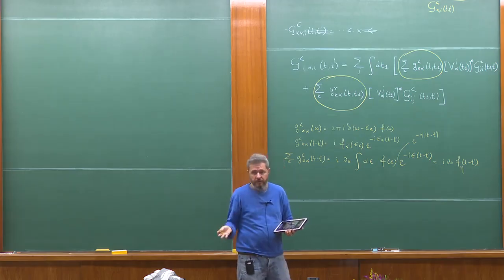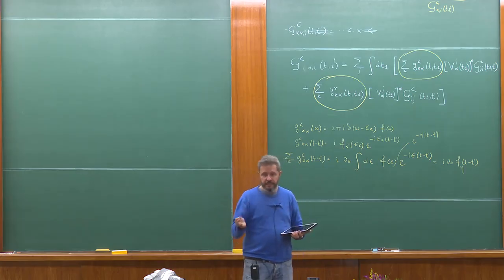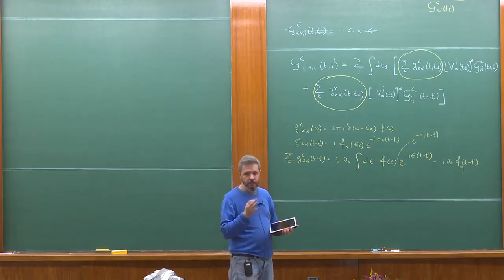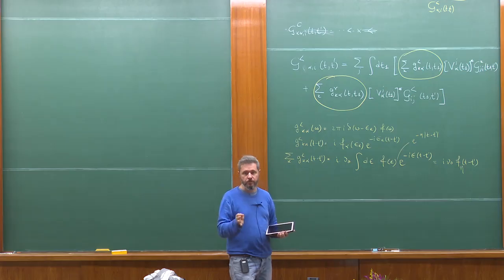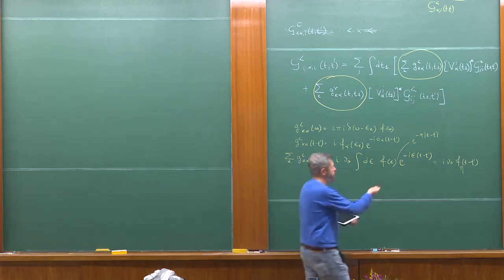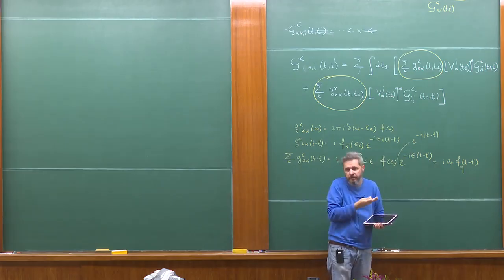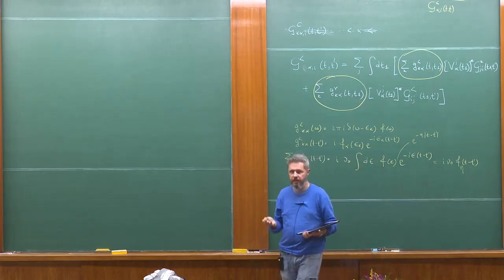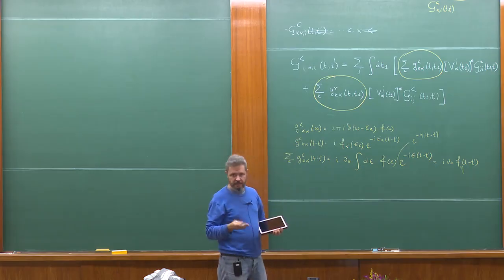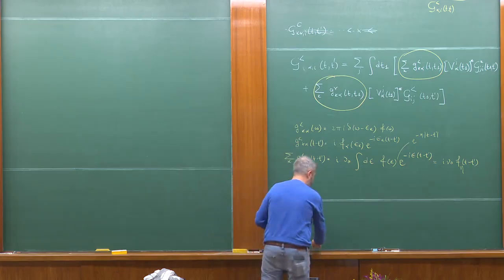So you have to regularize it. But at the end of the day, no matter what regularization you choose, you could put here a Gaussian, for example, it's a regularization. Fine. No matter what regularization you choose, you will get the same result. And you will see at the end why.